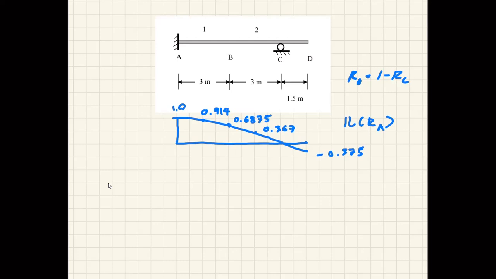Okay. And again, we have the question of the influence line of the design function at B. So I am going to do the same thing by cutting the free body diagram.